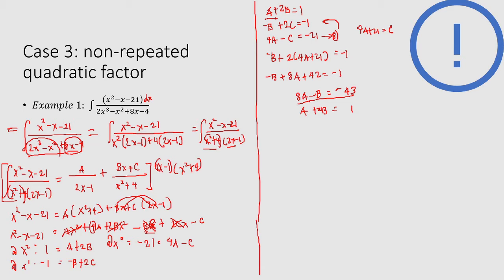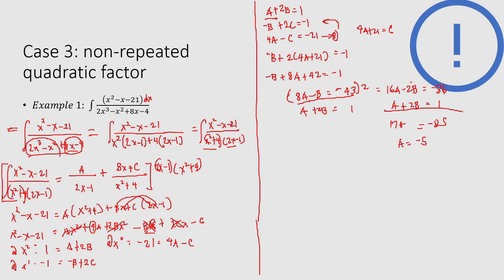We can multiply the equation by 2 to eliminate B. So therefore, this is 16A minus 2B equals negative 86, and the other one is A plus 2B is equal to 1. Adding them, 17A is equal to negative 85. So our A is negative 5.